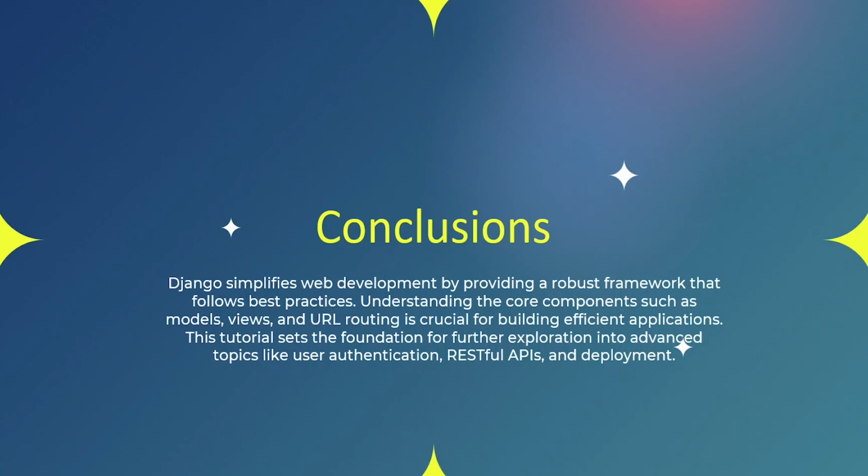This tutorial will set the foundation for further exploration into advanced topics like authentication, RESTful APIs, and also deployment. I hope you have understood this class on how to start working and what things we're going to learn.